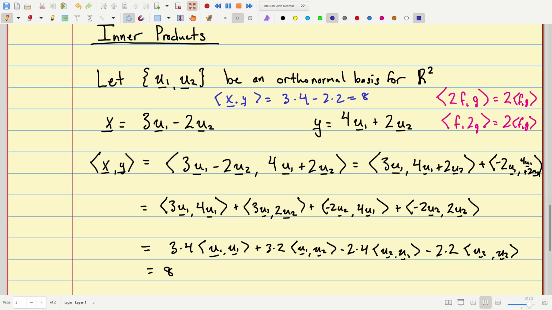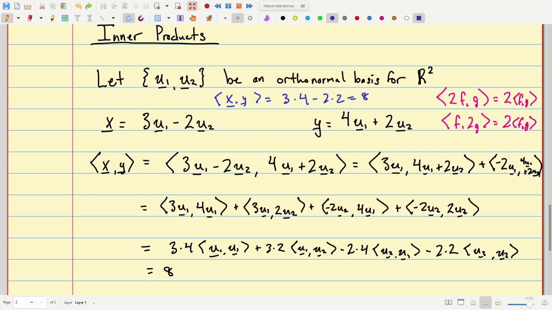Okay? Now, the only reason why that's true is because we have an orthonormal basis. All right? Otherwise, it would be necessary to perform this full calculation. This is one of the great values of having an orthonormal basis in our inner product space.